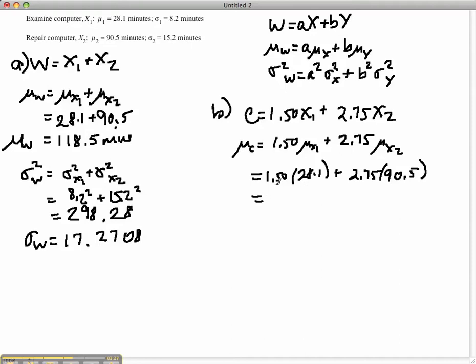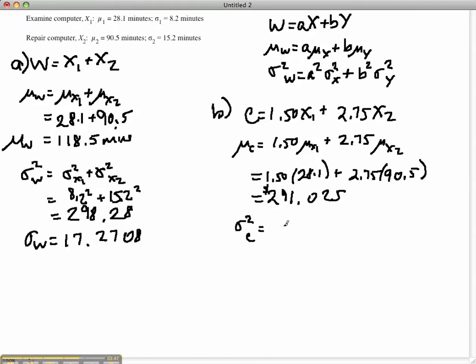And if we figure that out on the computer, we get that the mean is equal to 291.025. And these units are the same as the units of the variables, so that's going to be dollars.